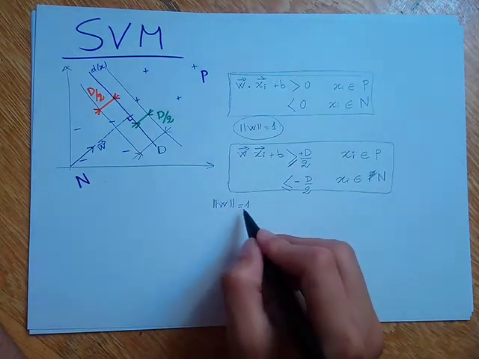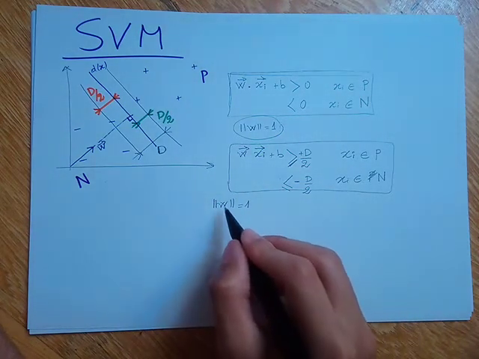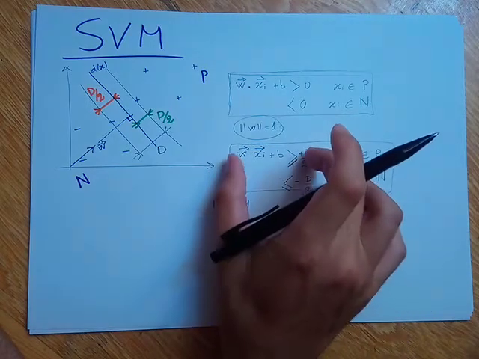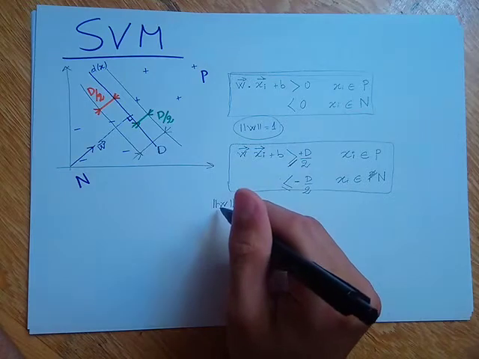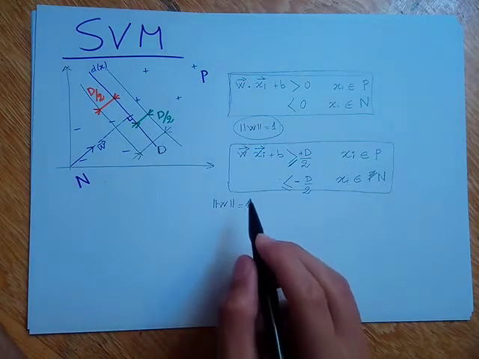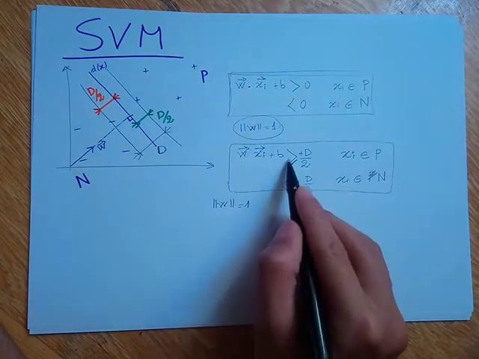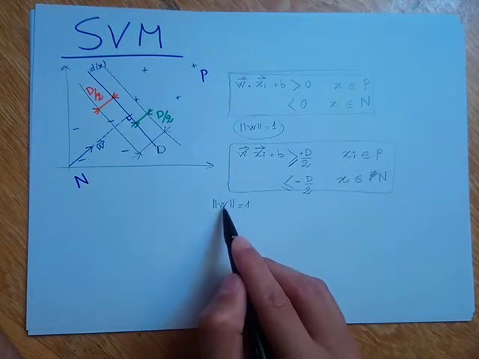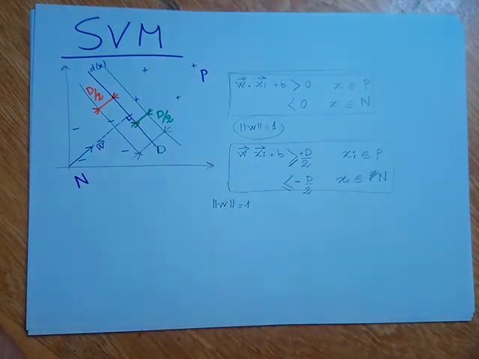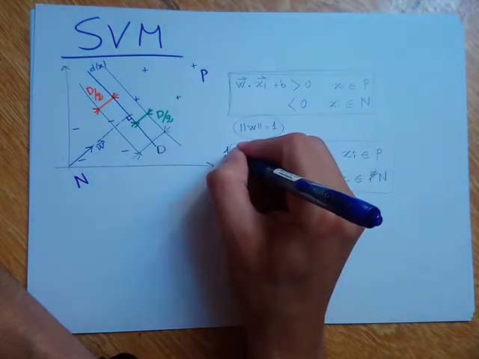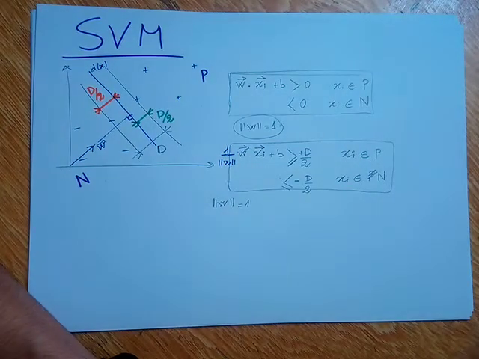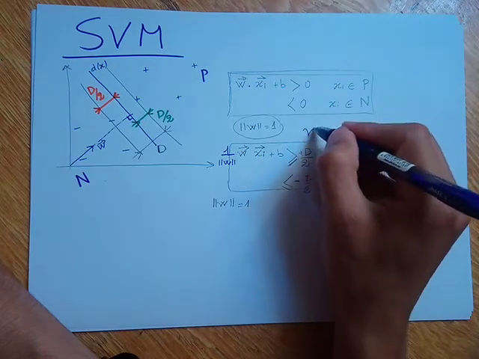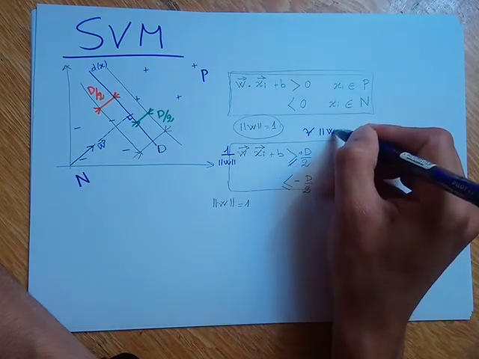So now, what I want to do is to normalize against the magnitude of w. So I want to make this decision rule valid no matter what the magnitude of w is. So in that case, what I need to do is just to divide this thing here by the magnitude of w, and it would be correct. So this is the modification I need to do. I just need to divide this by the magnitude of w, right? And then it would be correct no matter the magnitude of w.